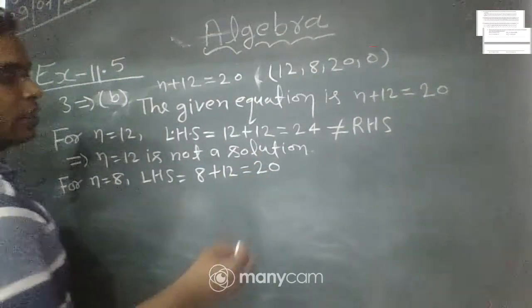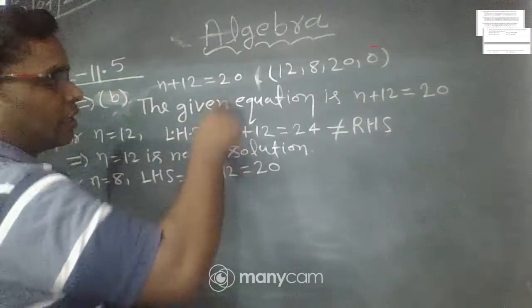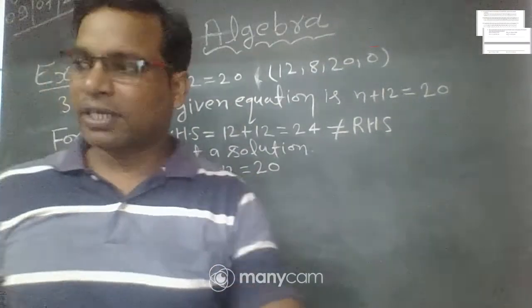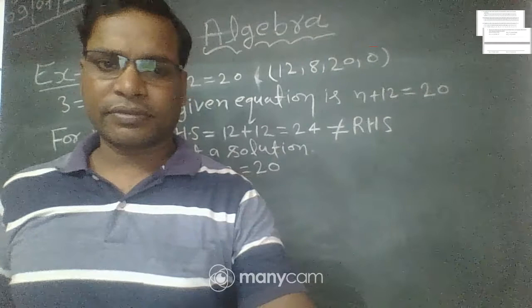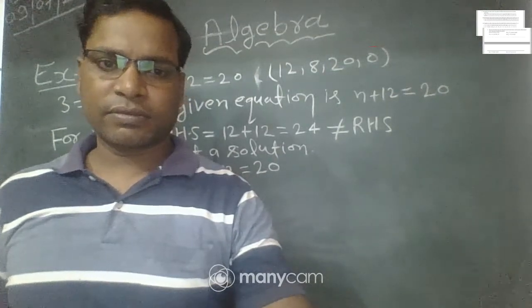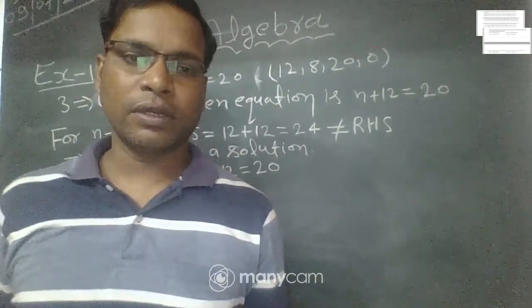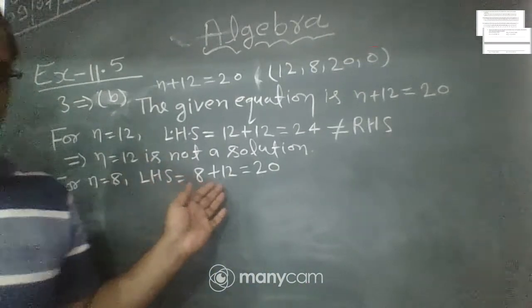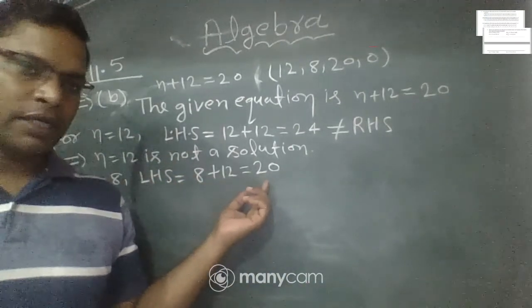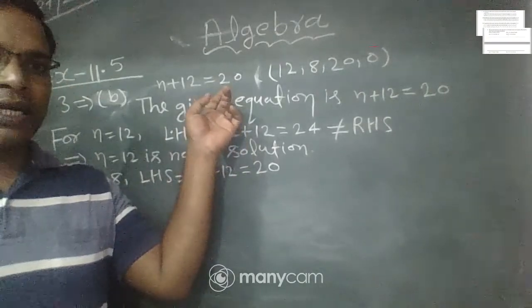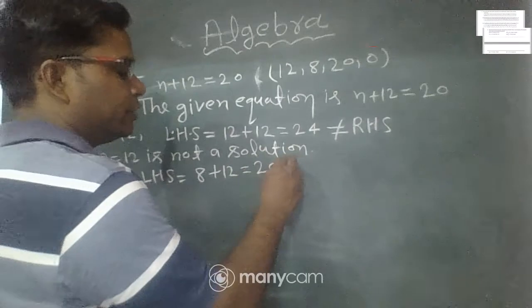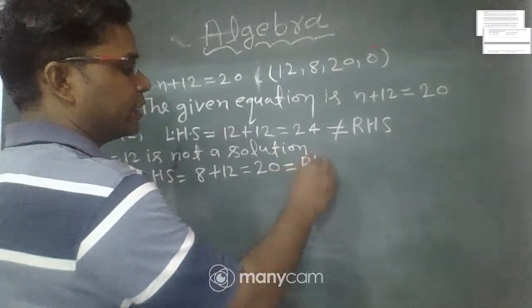Here the left hand side is 20 and the right hand side is also 20. So you can write that the left hand side is equal to the right hand side.